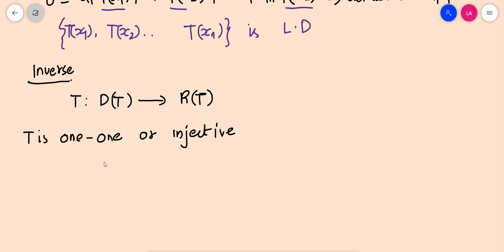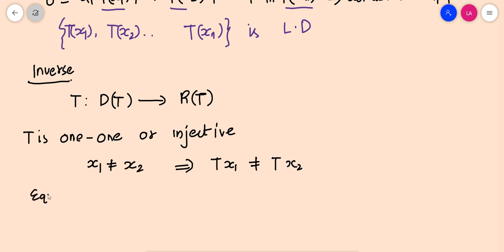So the definition is: x1 not equal to x2 implies T of x1 not equal to T of x2, where x1, x2 are elements of D(T).